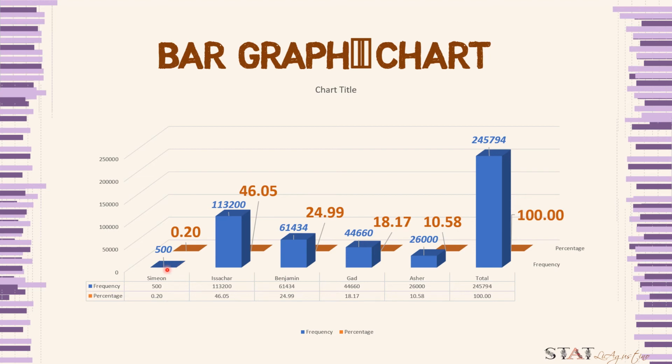The blue one is frequency, and the orange or brown one is percentage. So that is the bar graph or bar chart. I didn't put a title, so it's not good. I should have put a title on this chart or bar graph.